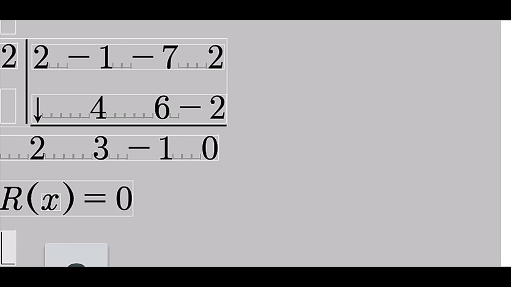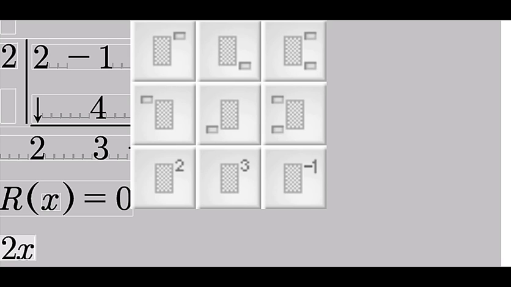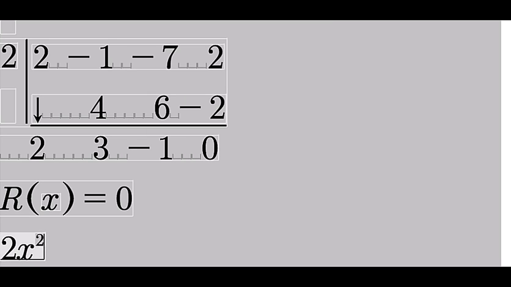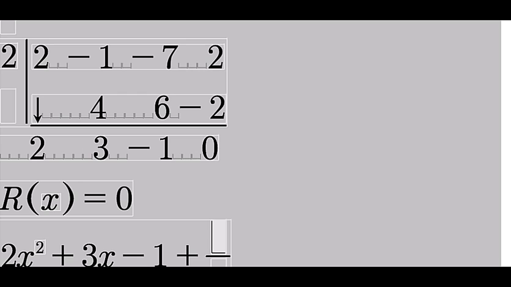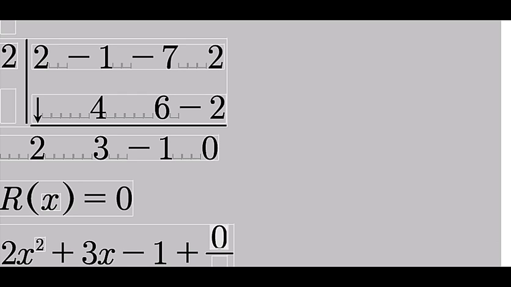That gives me 2x squared plus 3x minus 1 plus the r of x, which is 0 divided by x minus 2.